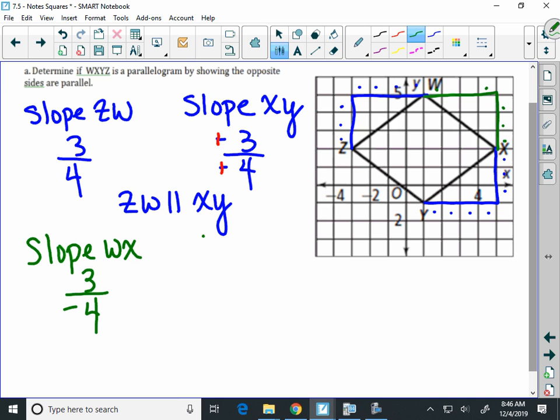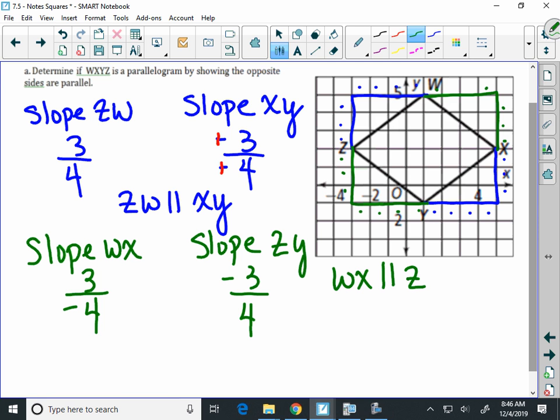When we look at the slope of ZY or YZ, whichever way you want to write that, we went down 3, there's the rise, and 1, 2, 3, 4 to the right. And what we just showed as well is that WX is parallel to ZY. So we have opposite sides are parallel.